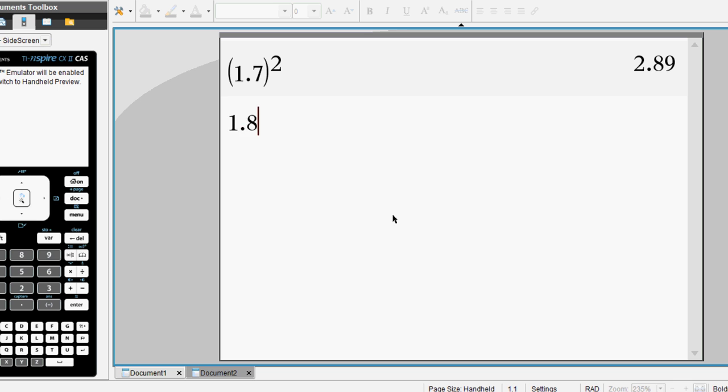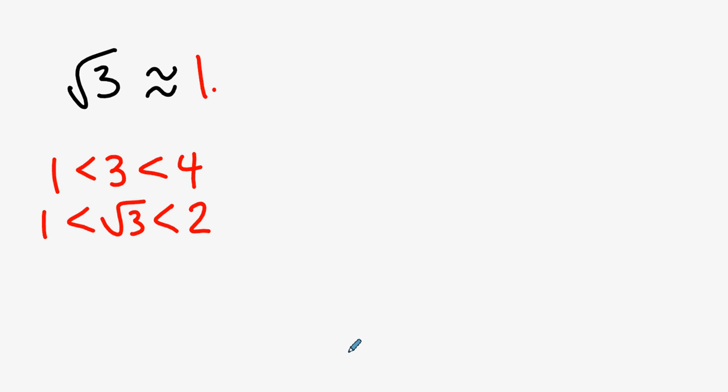Yes. Is it less than 1.8? Yes. So we know that the square root of 3 is 1.7 something.